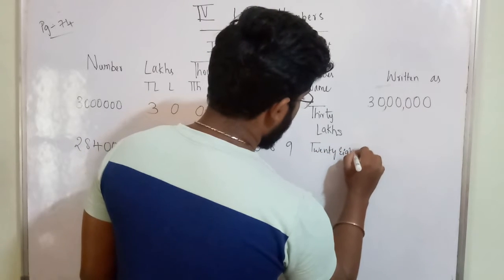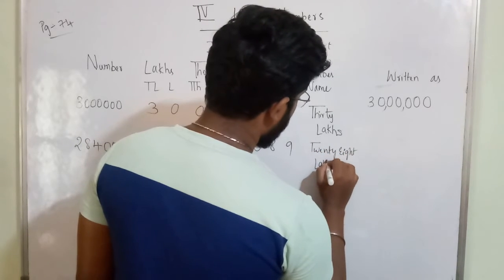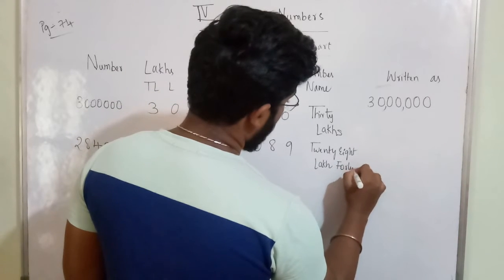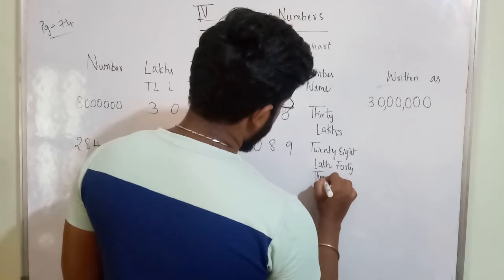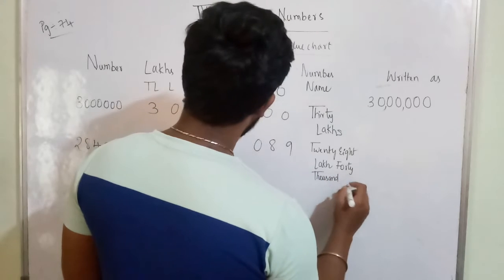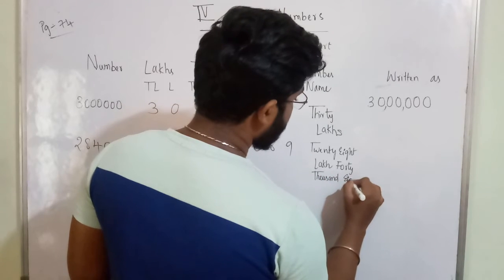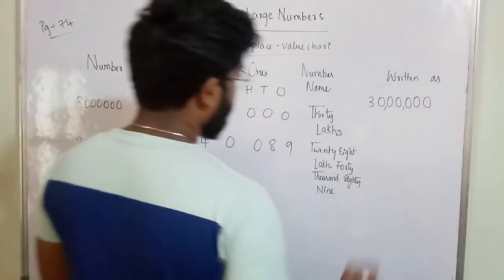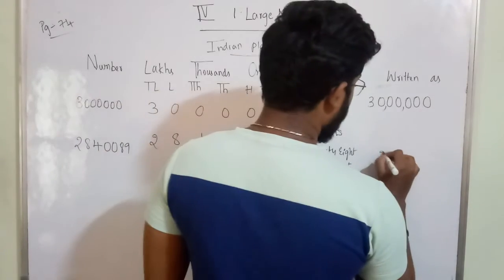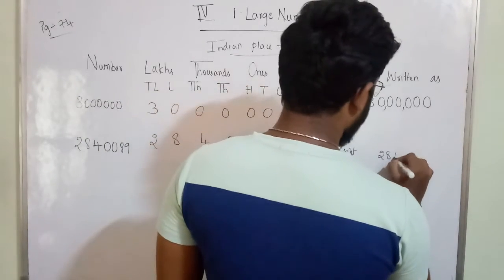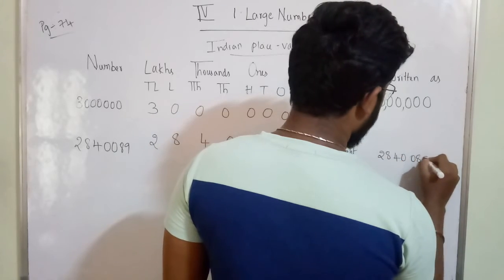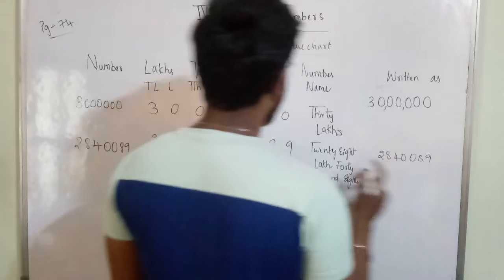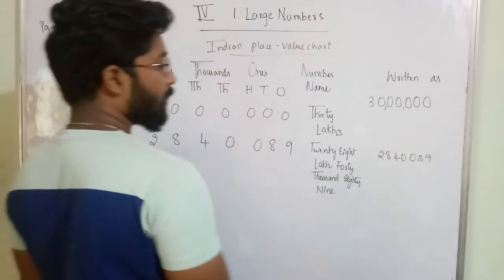28 lakh, 40,000, 89. So okay. So here in ones period you are having 3 place values, no?